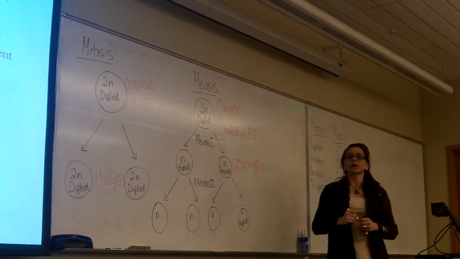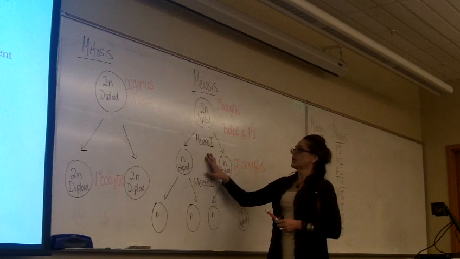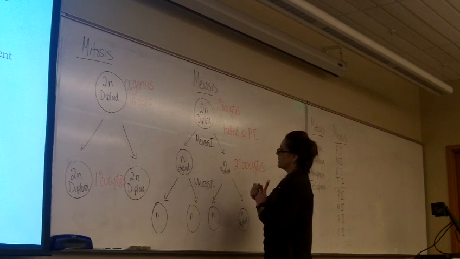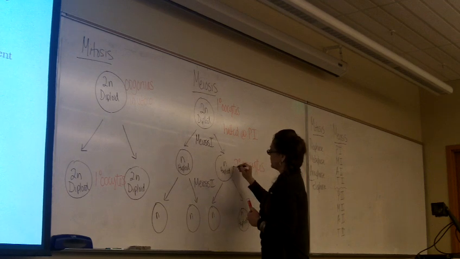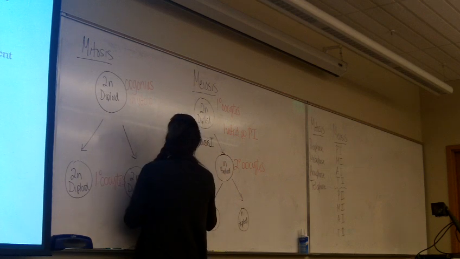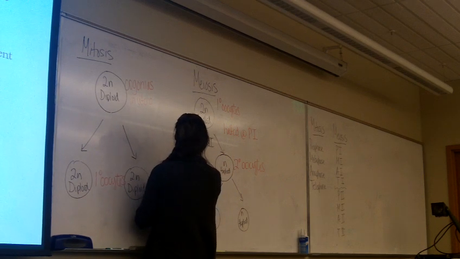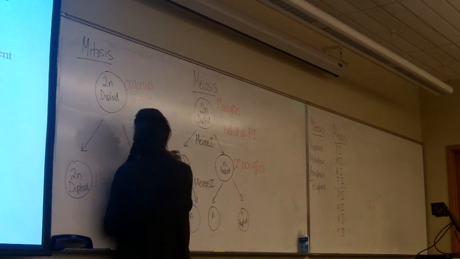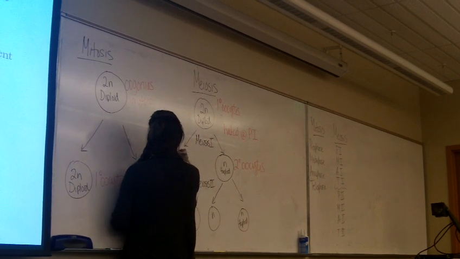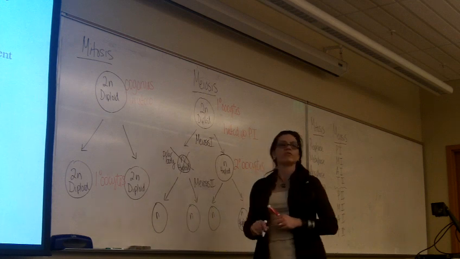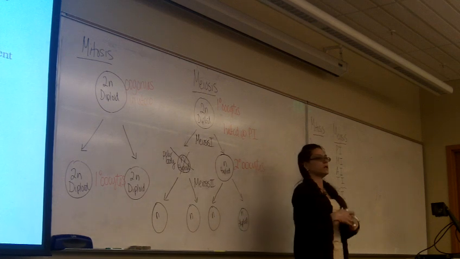After meiosis 1, we get one secondary oocyte that's a pretty good size, pretty big, and then we get another one that's really small. This really small one is called a polar body, and most of the time that polar body is just going to die off. It will get broken down and recycled.